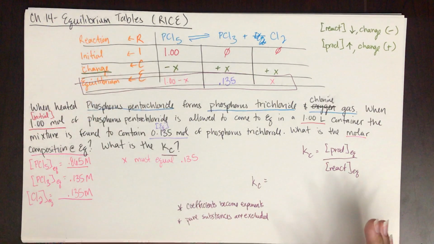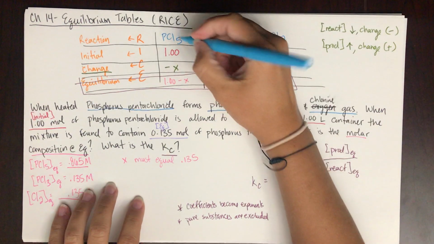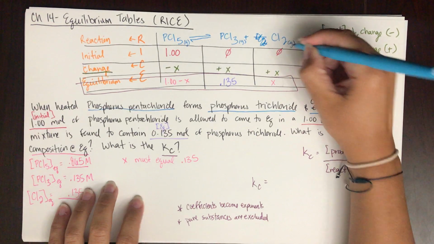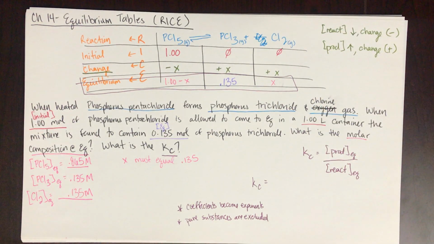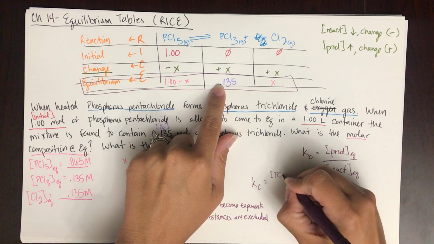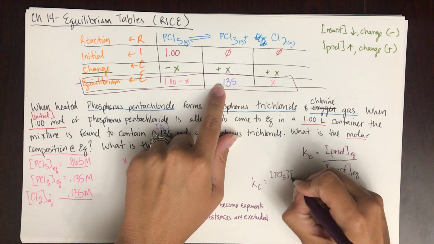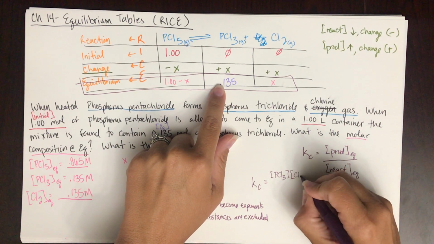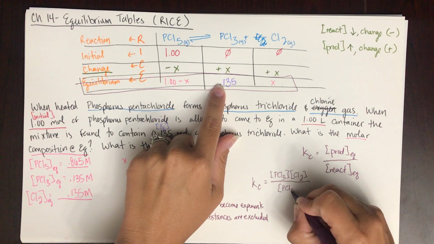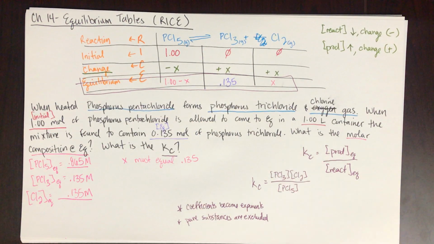Okay, so we don't have to worry about any of that because these are all gases, and they all have a coefficient of 1, so nothing extra happening here. So concentration of the products, I'm just going to write it out. I'm going to write PCl3 times the concentration of chlorine gas, Cl2, over the concentration of PCl5, the phosphorus pentachloride. That's going to give me my Kc.